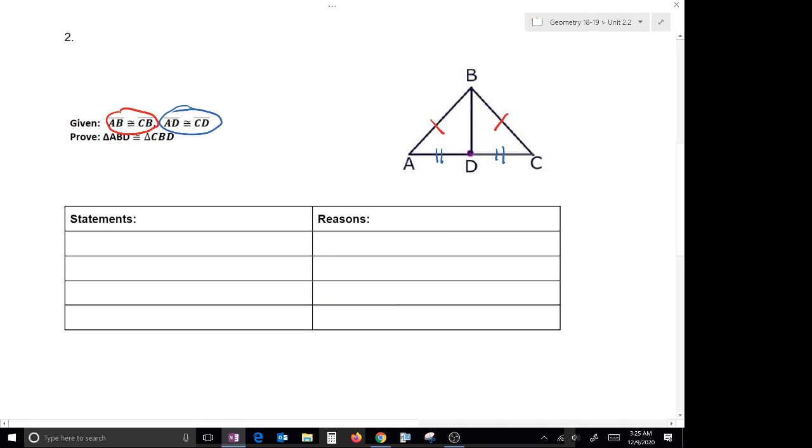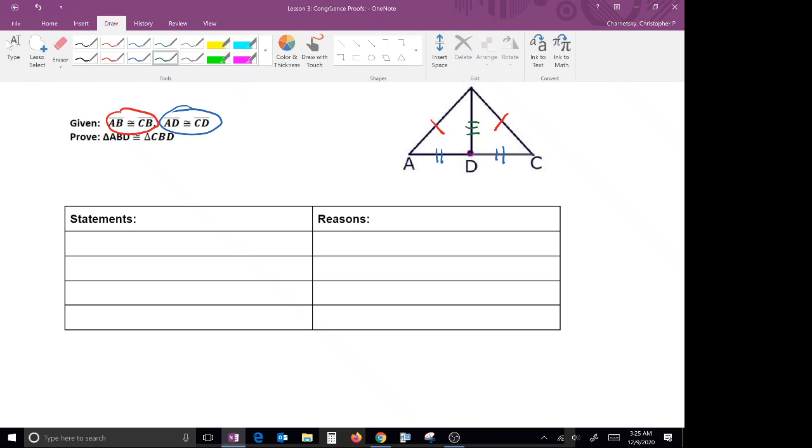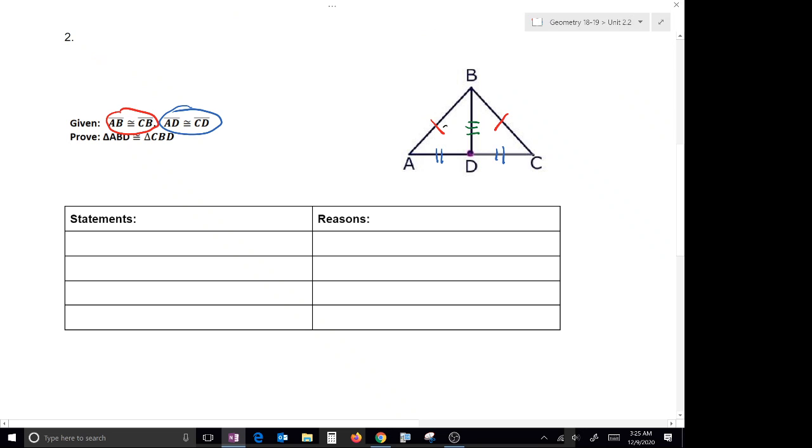And then I look at my picture. Is there anything else? Well, I look in the middle, and I have a shared side, which I can mark. From here, it's pretty easy to figure out what we have. We've got a side, and a side, and the same thing over here, an S, and S, and an S. So our method that we're going to use to prove congruent is side, side, side.